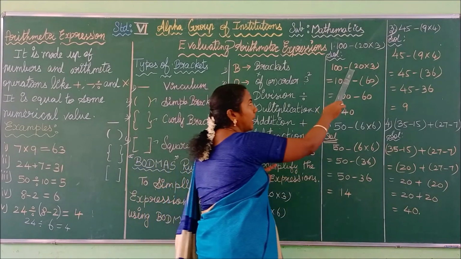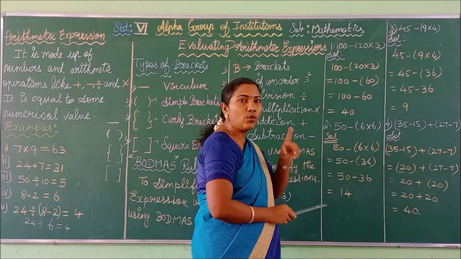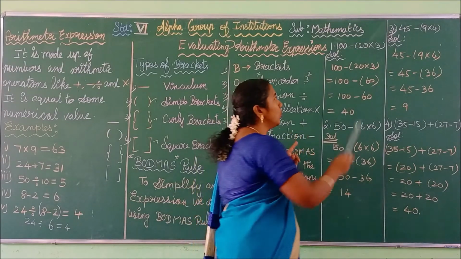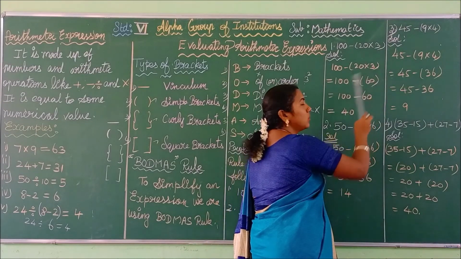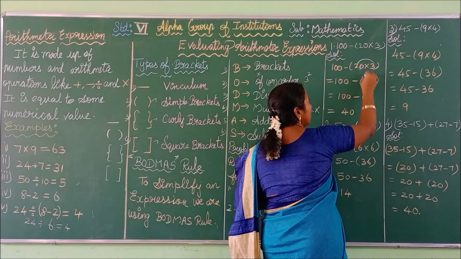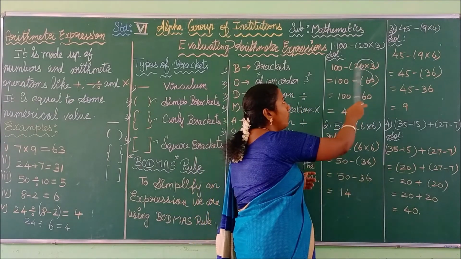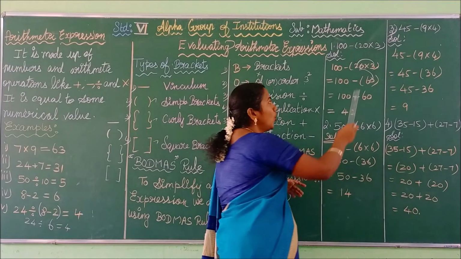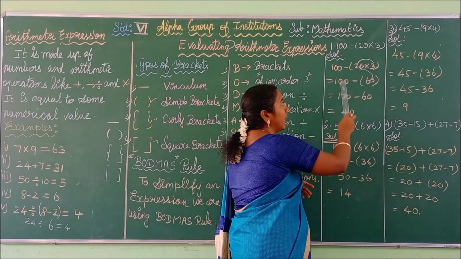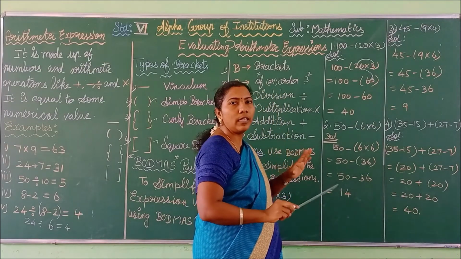Within the bracket you have two numbers, and the operation is multiplication. So 20 into 3: forget the 0, 2 into 3 is 6, add the 0, so you get 60. Thus we have evaluated the bracket first. Now in the next step you remove the bracket: 100 minus 60.